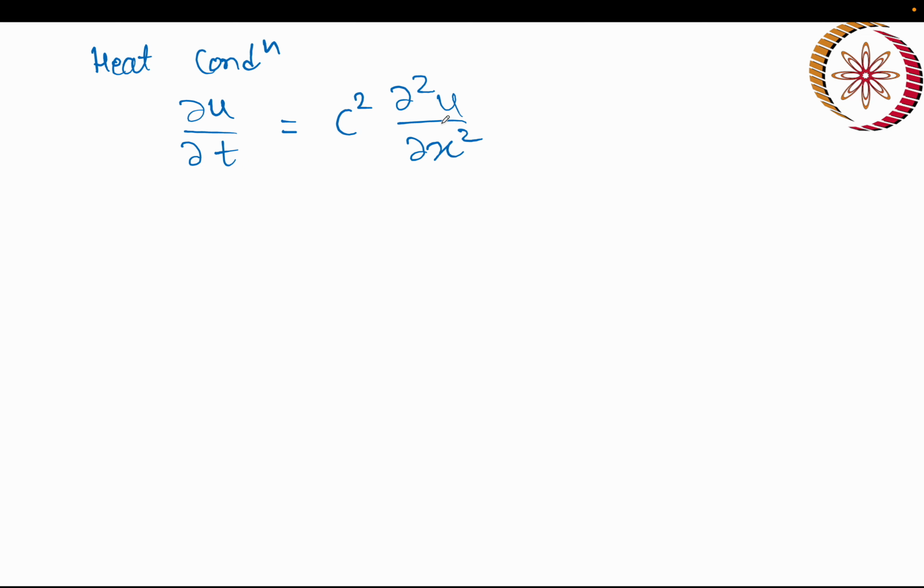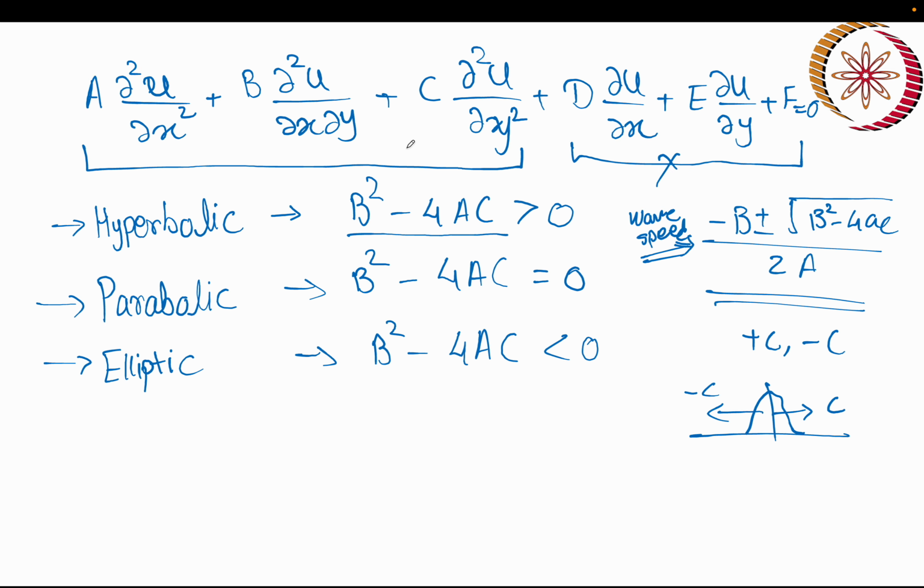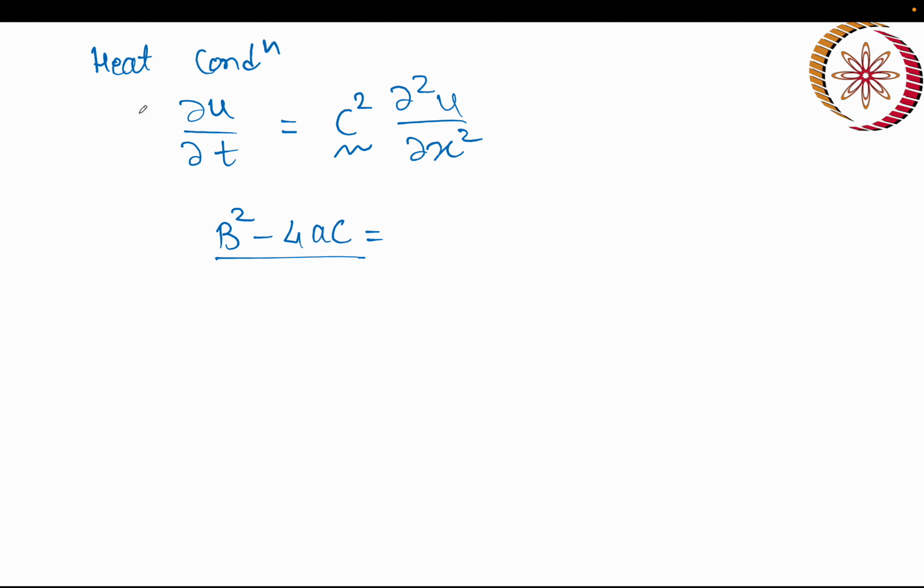So what if we find b² − 4ac? You can see this c² is nothing but a, so we write a.